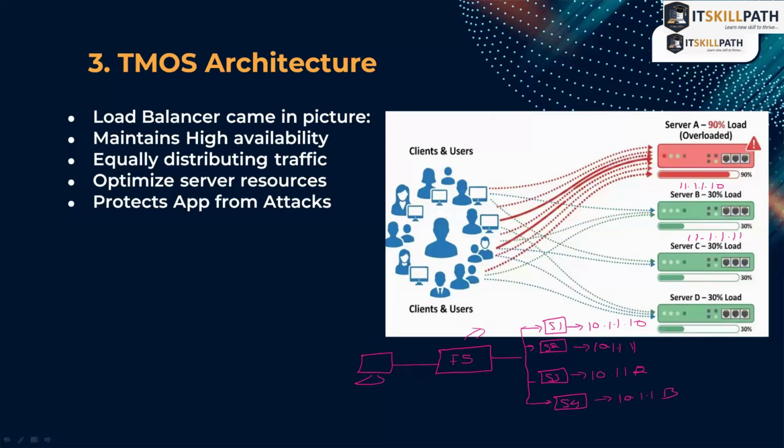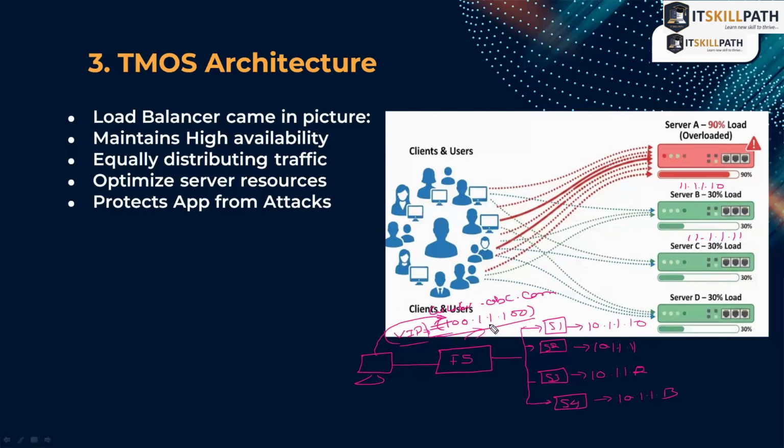Then we will create one virtual server, abc.com, and map it to, let's suppose, 100.1.1.100. Whenever a client initiates traffic, it will go to this IP. This is the virtual IP, called the VIP. I'll show you in the lab as well.